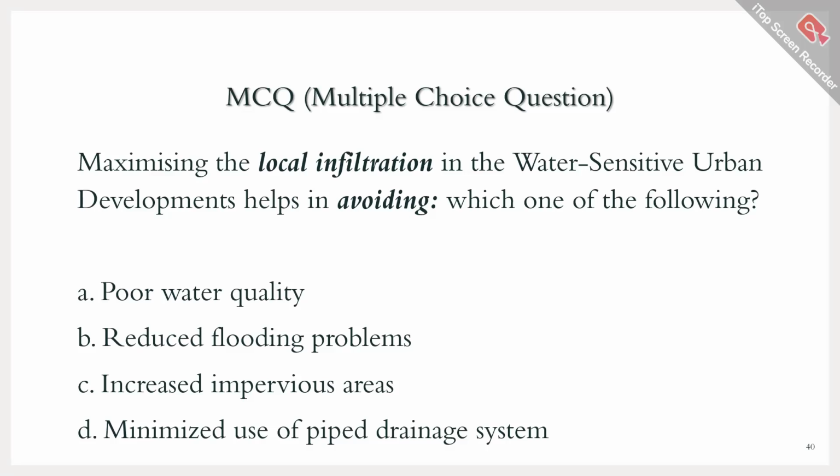And option D is minimized use of piped drainage system. So the correct answer is option A, poor water quality.